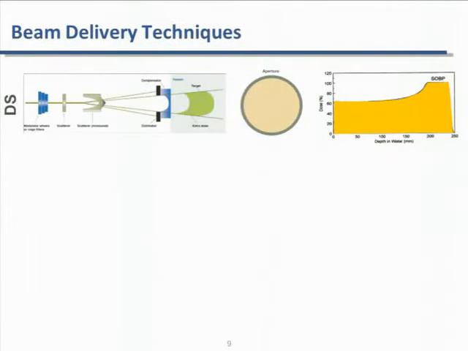So let's talk about the 3 different beam delivery techniques. DS, or double scattering, is the most prevalent type of scattering system out there. What I'm showing here on the left is the beam path as it goes through the modulator wheel and the first and second scatterer.